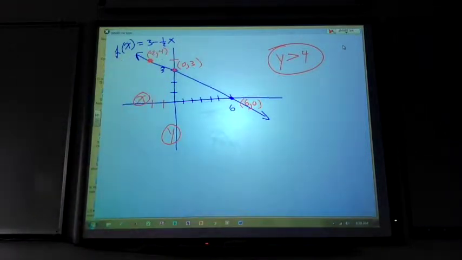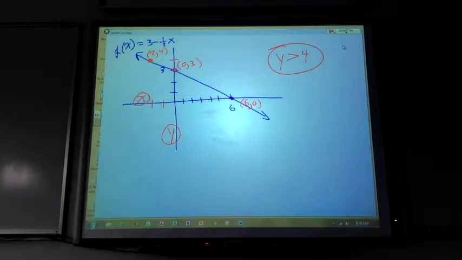And if you're looking at your graph right now, it's probably not as clear as mine, or mine is pretty dingy. How did I get to that point? Negative 2, 4. Good.